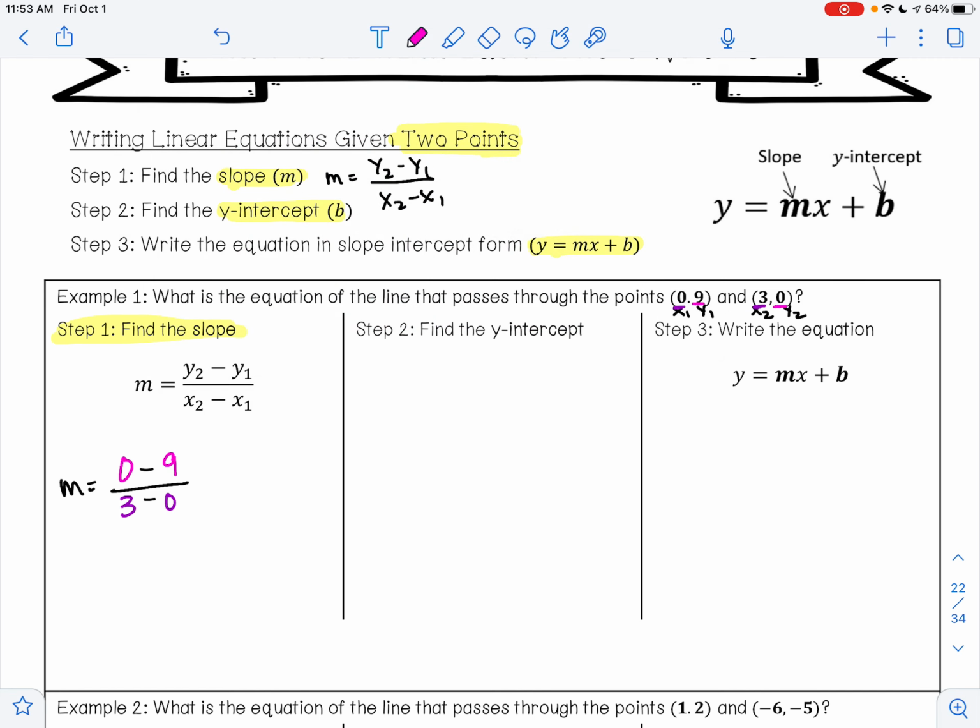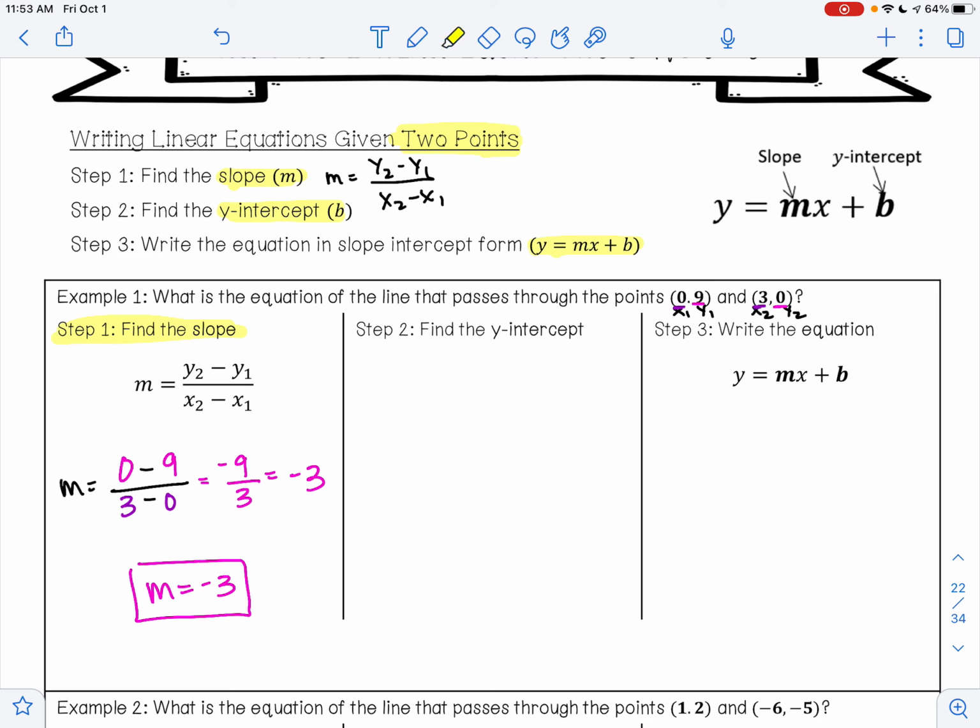So 0 minus 9 is negative 9, and 3 minus 0 is 3. Negative 9 divided by 3 is negative 3. So that means that our slope is negative 3.